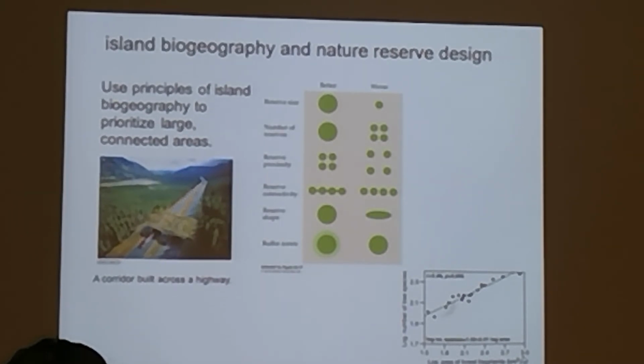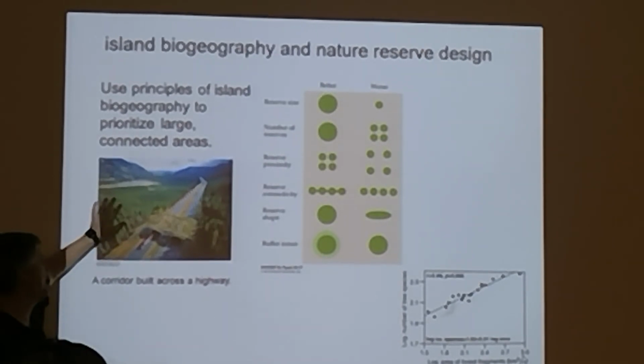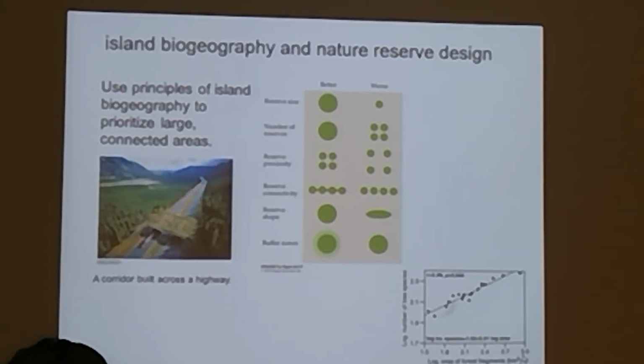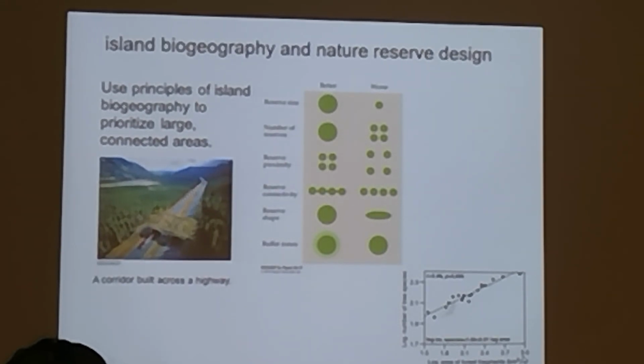Okay. So this has helped provide connectivity. It's at least eliminated the road as a barrier to some extent for some species here. And that connectivity helps increase the overall immigration rate. When that immigration rate increases, that's going to increase the number of species you have. Did it reduce roadkill? It did reduce roadkill.